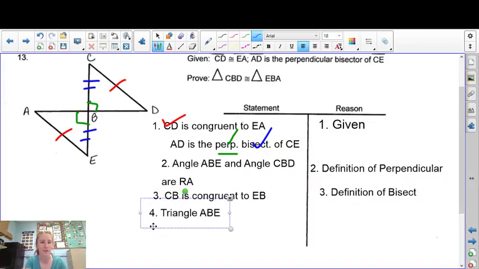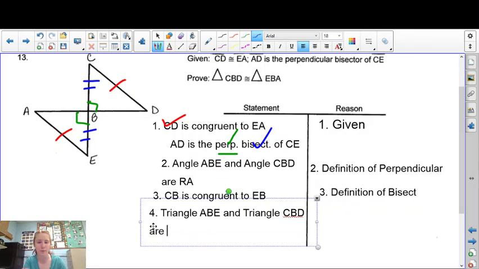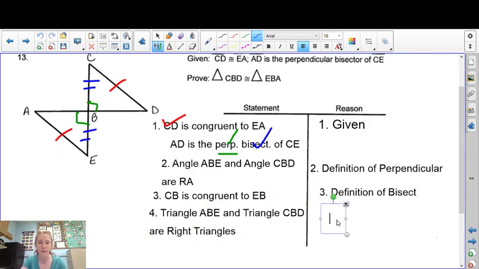I can say triangle ABE and triangle CBD are right triangles. And the reason I can say that is we have that one right angle there. So it's the definition of right triangles.